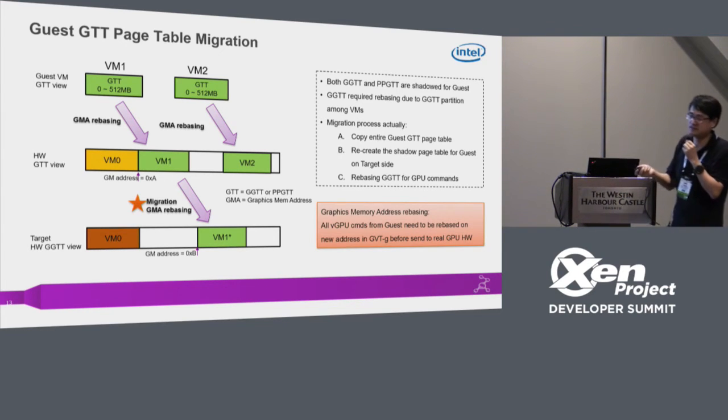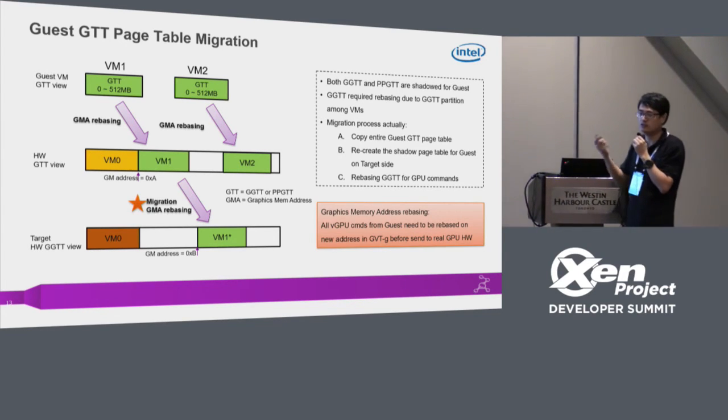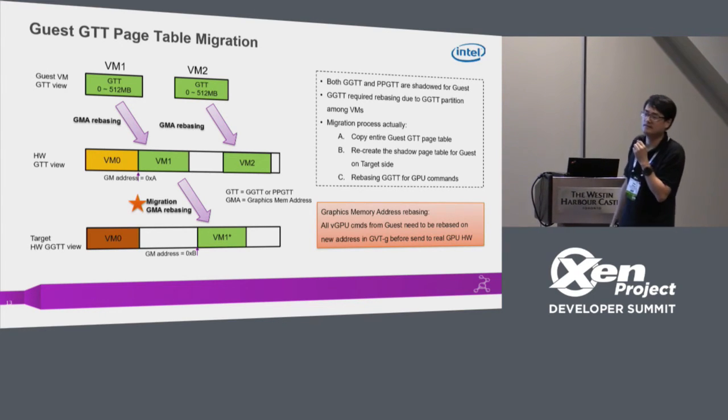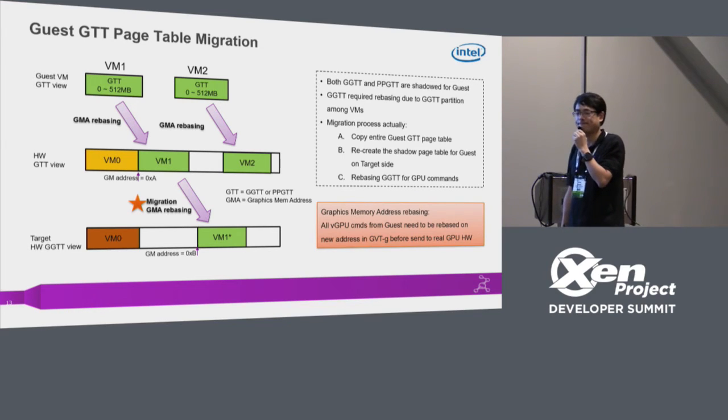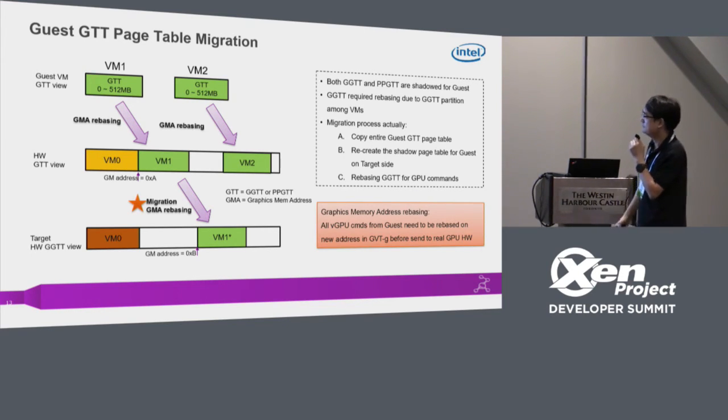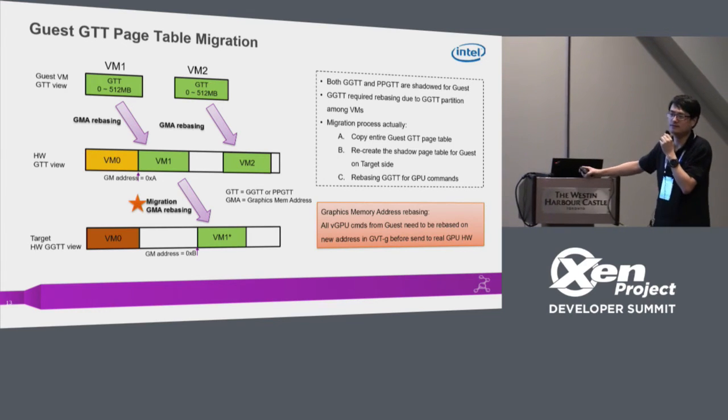So we always scan these commands and get the address, and make sure the address is in his range. This is for security considerations. So you had to touch every single address anyway. Yeah. And a linear rebase is a pretty cheap thing to do, so that's cool.